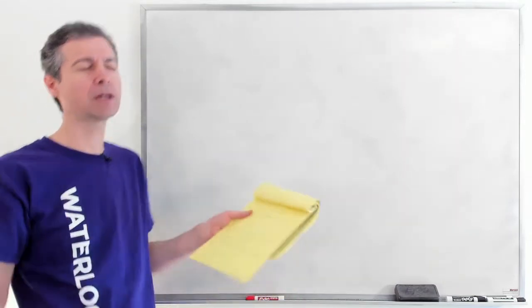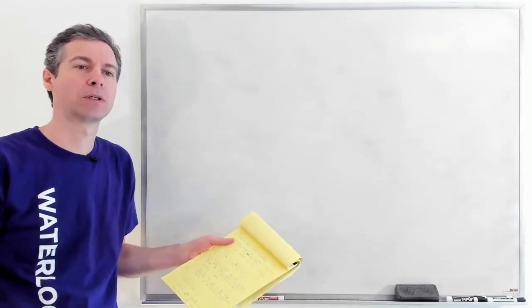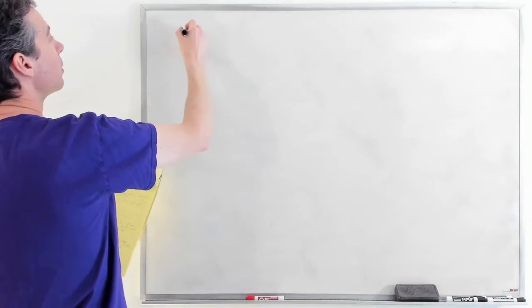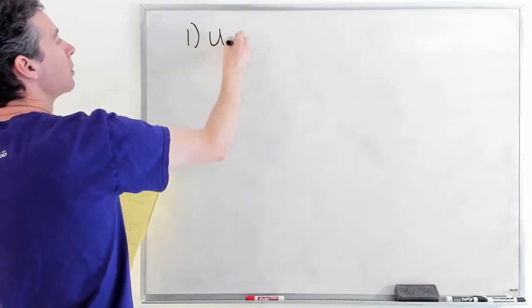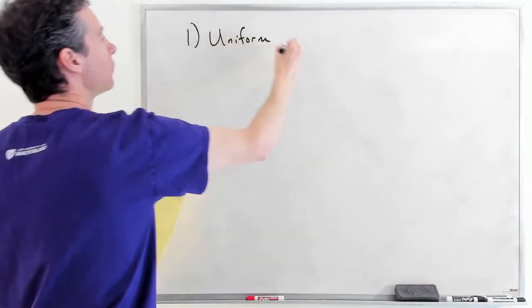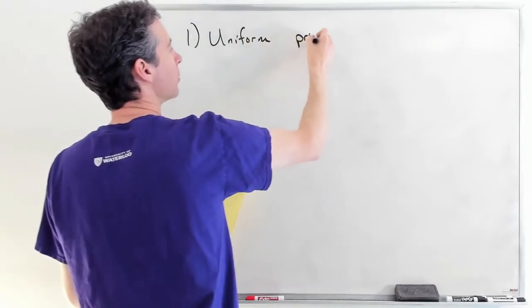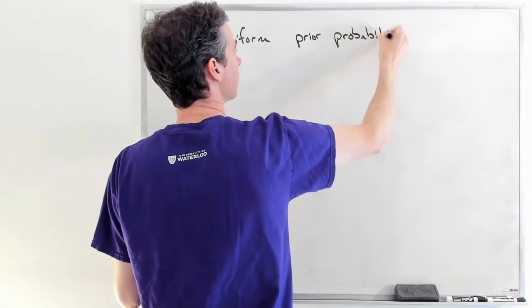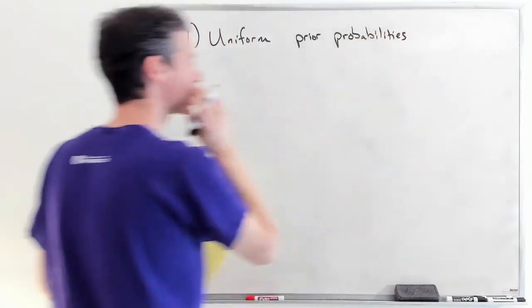Without any other knowledge, my best guess would be to give it uniform, what we would call prior probabilities. All right, and so let's think about that.